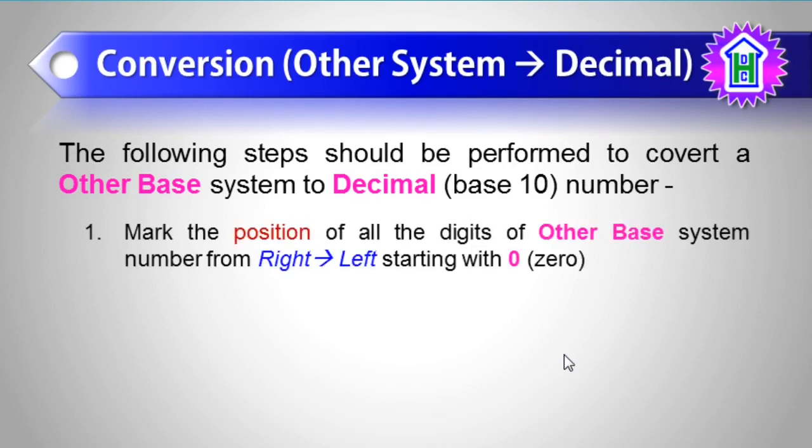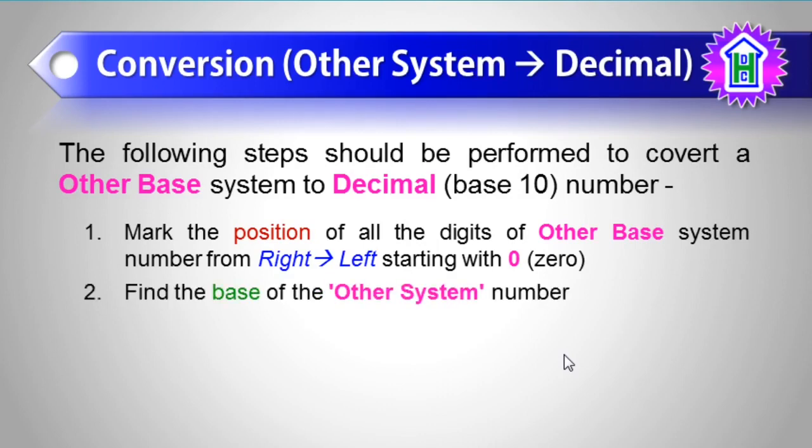First, we need to mark the position of all the digits of the other base system from right to left, starting with 0. Then I have to find the base of the other system number.